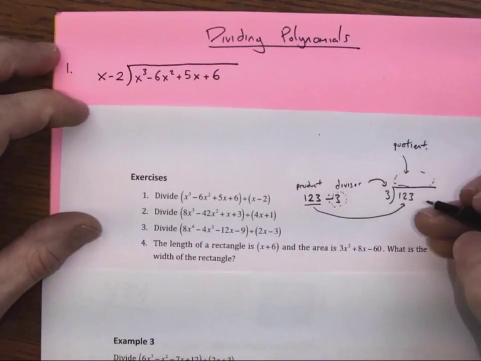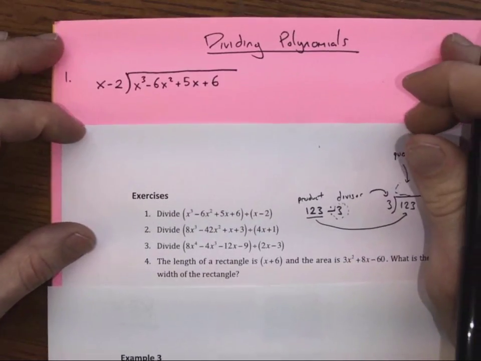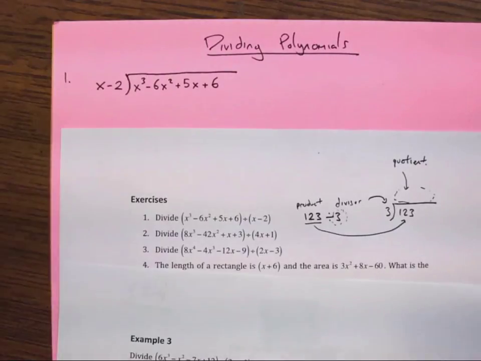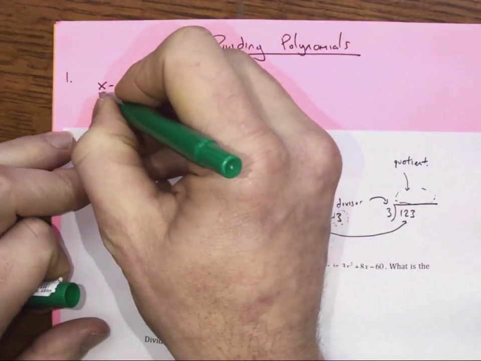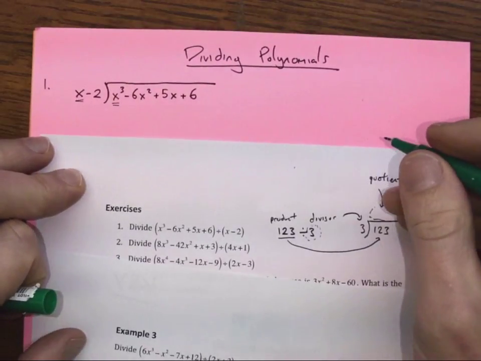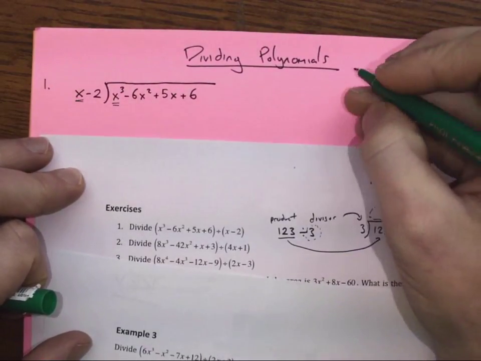And similarly to a long division question, I'm going to start by asking how many times does this x go into x cubed? So when we do long division, I guess you can break it into 5 steps.